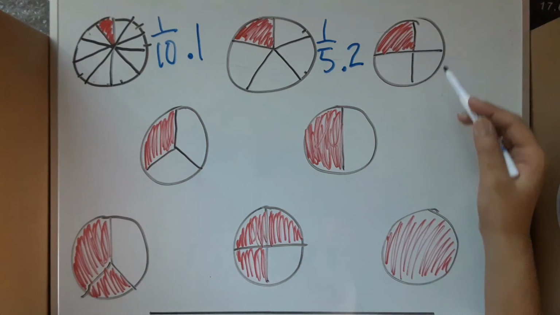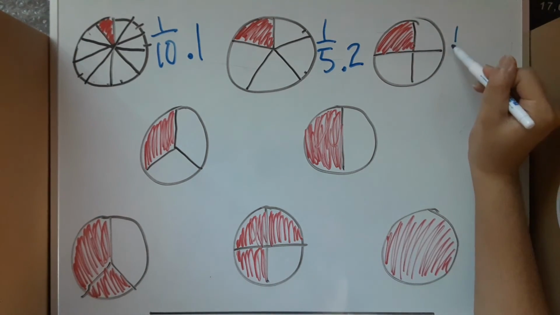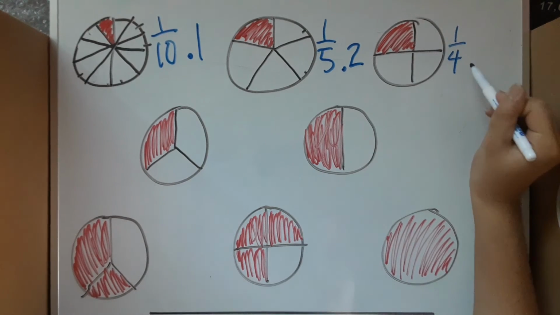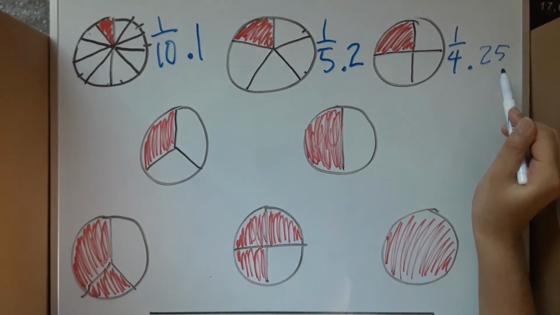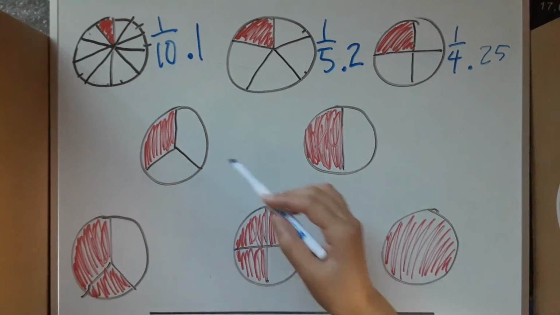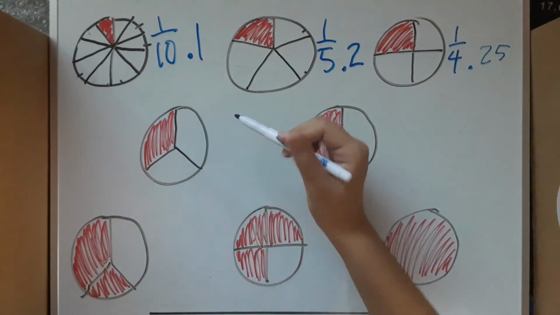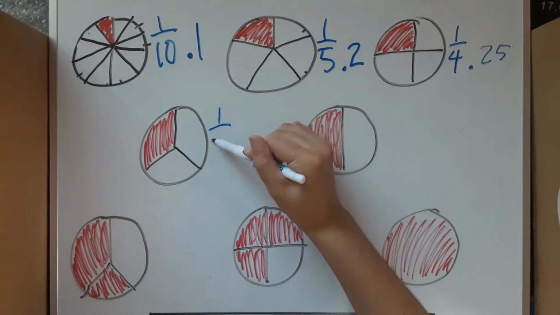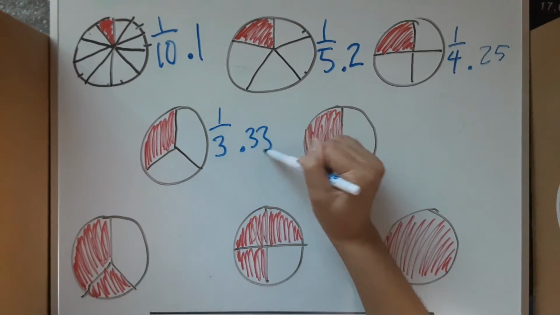For this one piece is filled out of the 4, so that's 1 out of 4, or 25/100. For this one piece out of the 3 are filled in, so that's 1 out of 3, or 33/100.